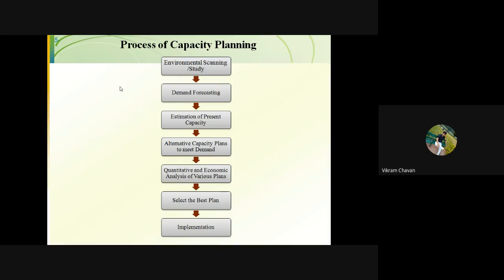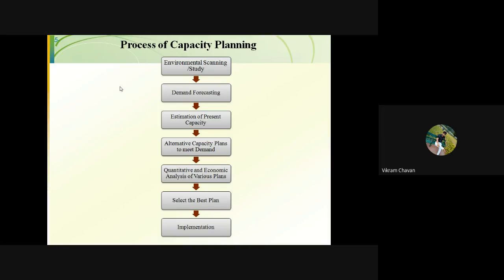On that basis demand forecasting needs to be carried out for the particular product, and once you find out the demand or forecast for that product, then check whether suitable capacity is available in the plant or not. That is the third step, estimation of present capacity.